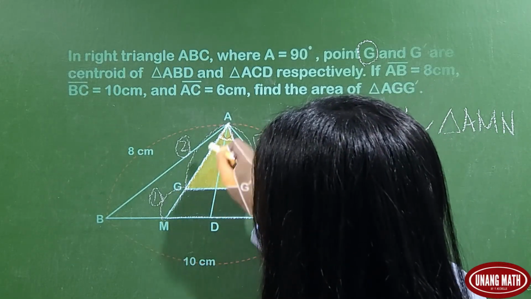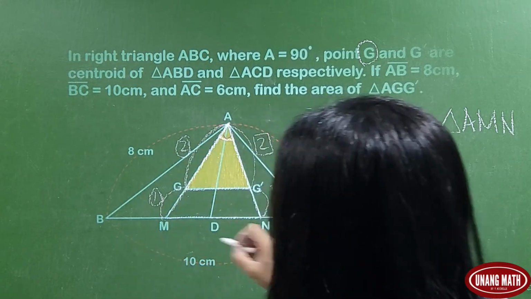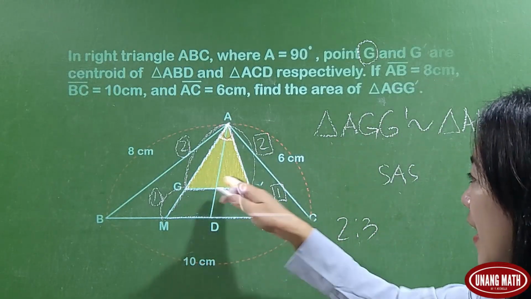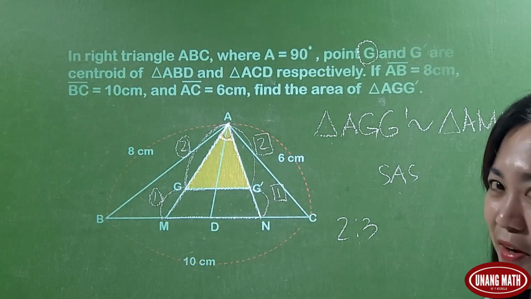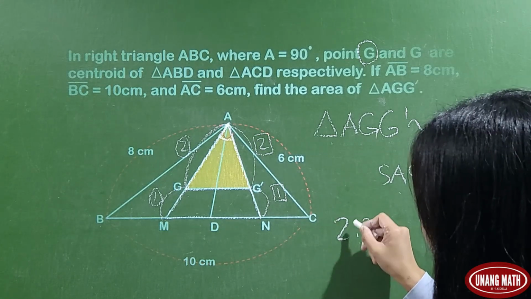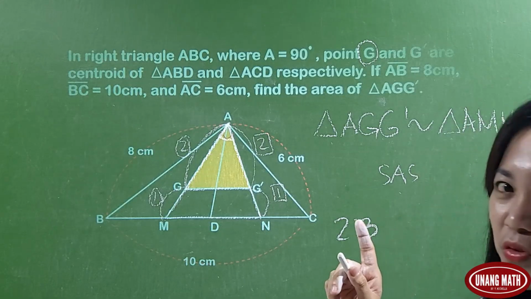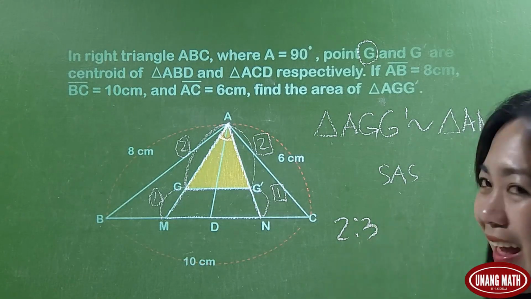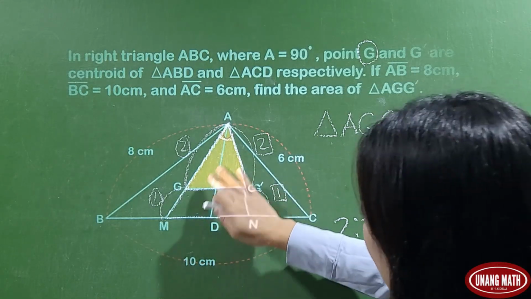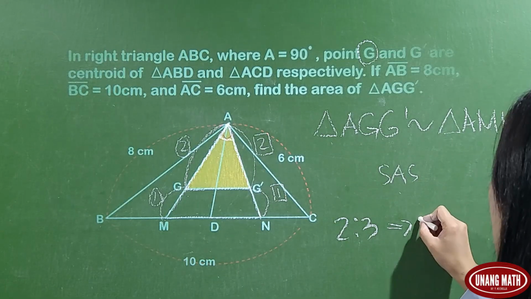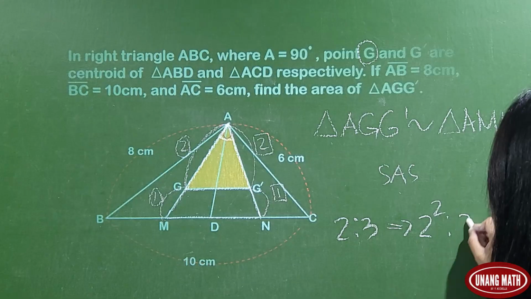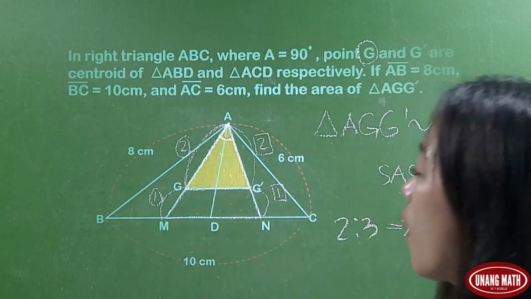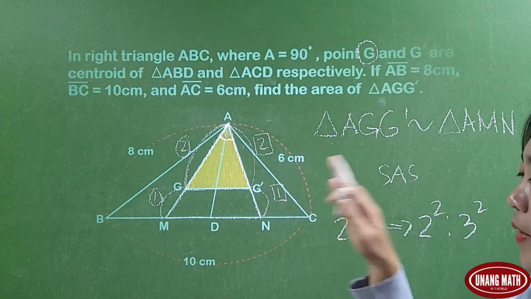In here, the ratio of the length is 2:3. That's the ratio of the length of the corresponding sides for these two similar triangles. If the ratio of the length of those similar figures is 2:3, then the ratio of the area would be 2 squared is to 3 squared. Take note, if the ratio of the length is 2:1, then the ratio of the area is 2 squared is to 1 squared.